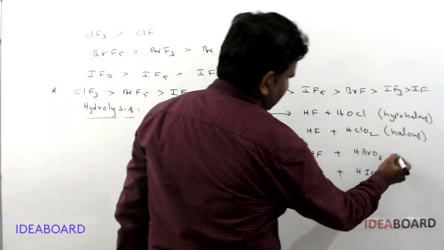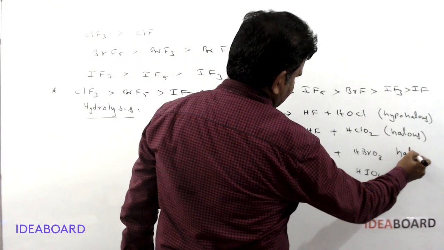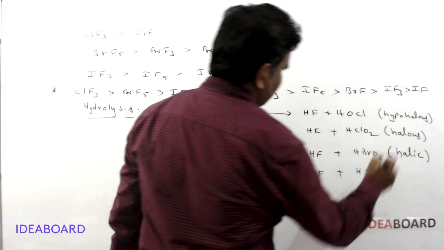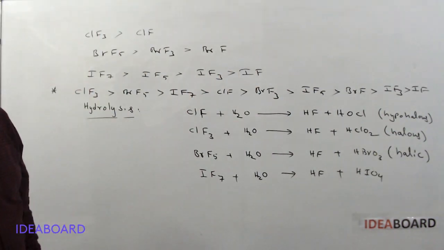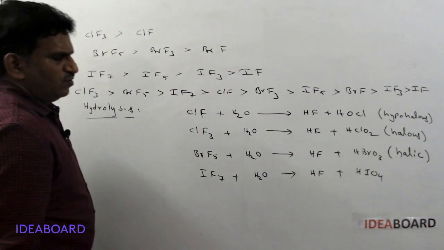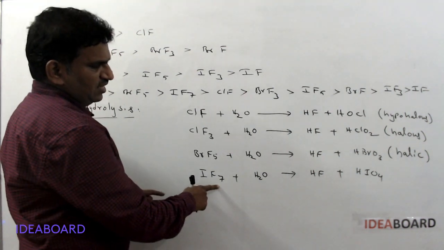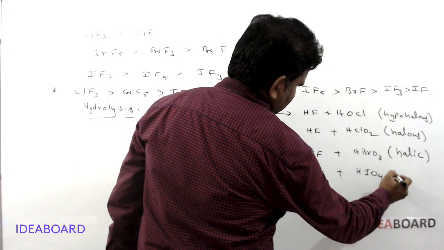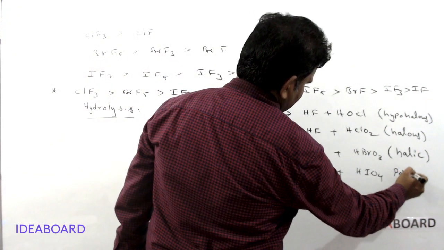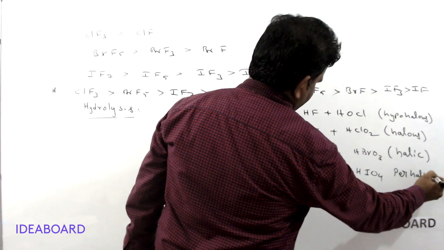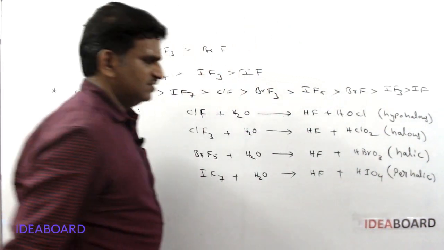Pentafluorides give halic acid. HBrO3 is bromic acid. IF7, heptafluoride, gives perhalic acid. This is simply called periodic acid.